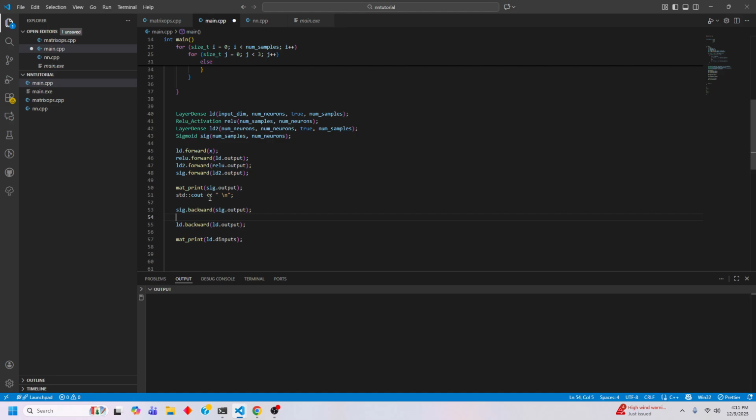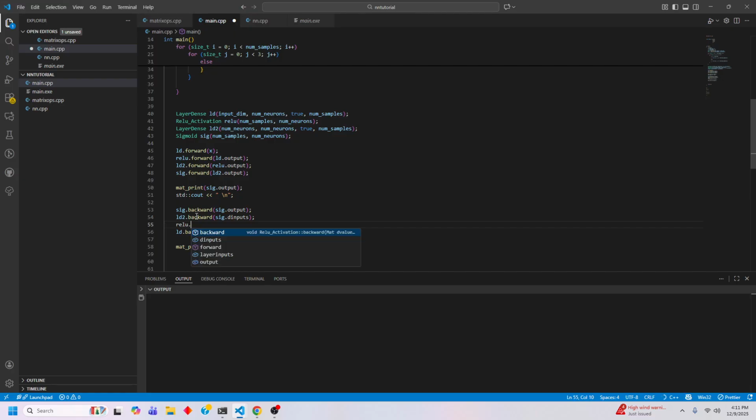Typically the input to this would be the derivative values coming from the loss function. So we got the sigmoid, and we'll do the second layer, taking in the sigmoid's d inputs.